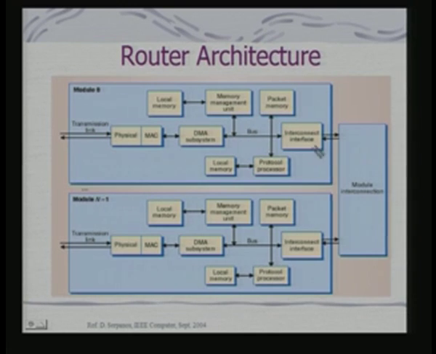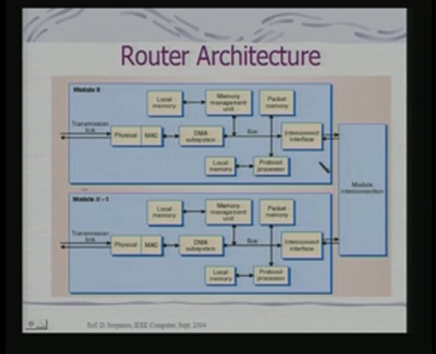The DMA subsystem will do the transfer from, say, a packet memory to the MAC on the bus, and here the protocol processor need not be involved in the actual data transfer. What does a protocol processor do? It can do protocol translation, as I have already told you. It can also find the route for the packet.